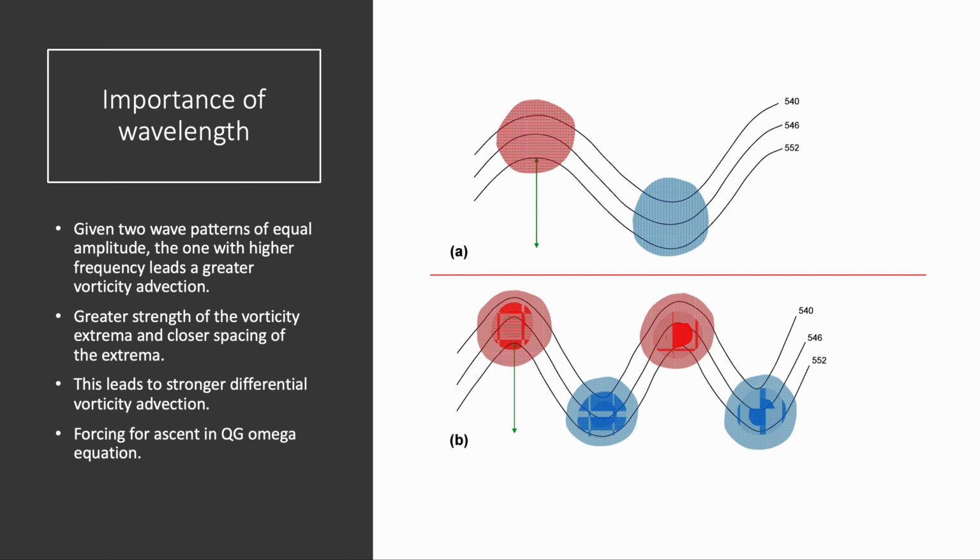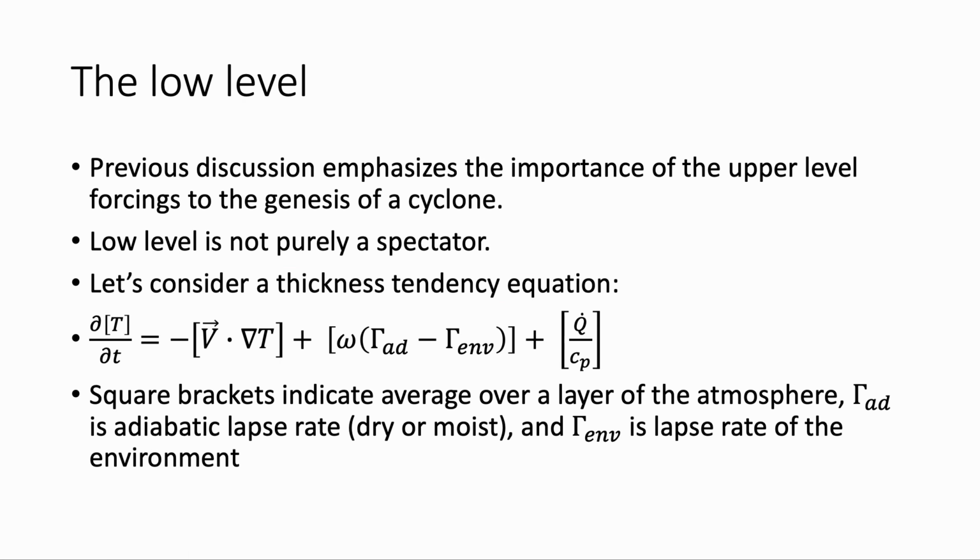And so for equal amplitude of the waves, shorter wavelengths can be important in generating stronger ascent, so in facilitating cyclogenesis even more. Okay, so sometimes the arrival of a short wave on a big trough can lead to an enhancement of cyclogenesis.